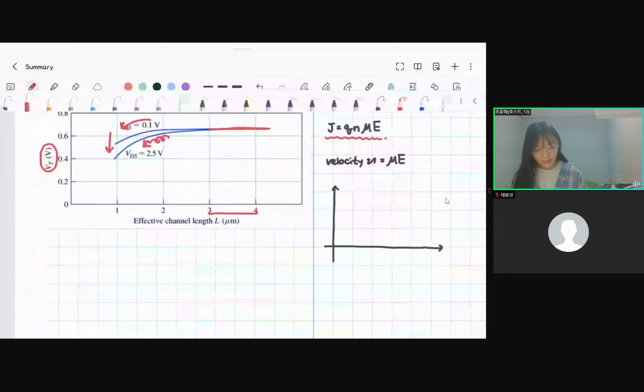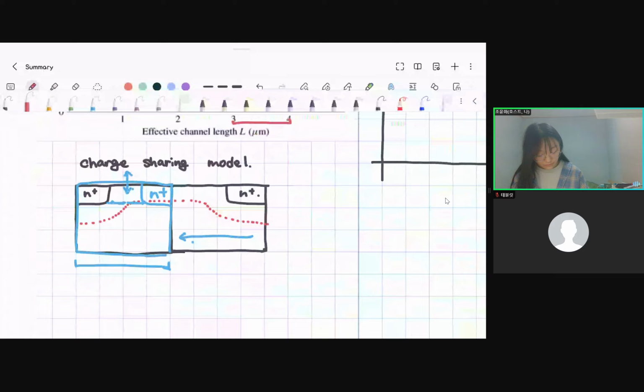So the depletion region will make a region like this, and between the substrate and the drain and source, the horizontal depletion region remains like this.